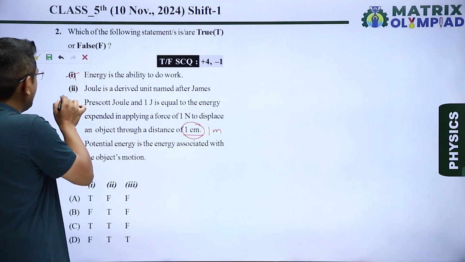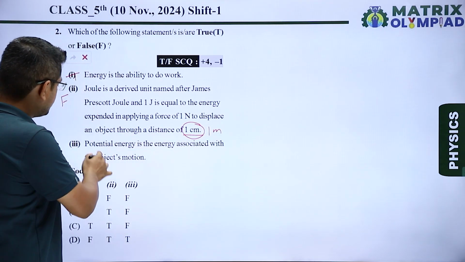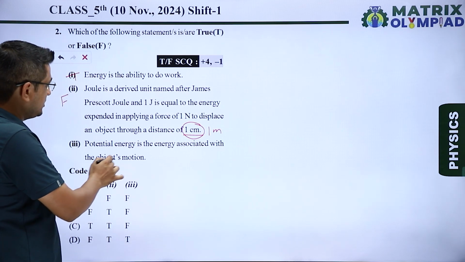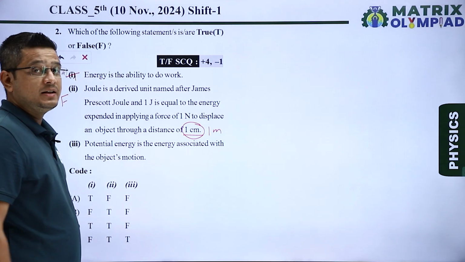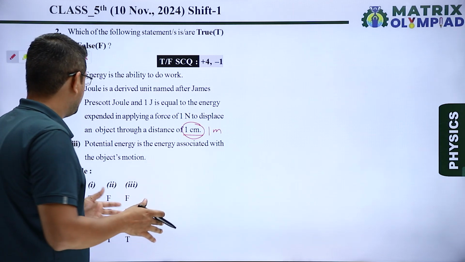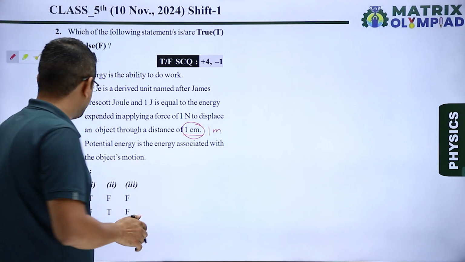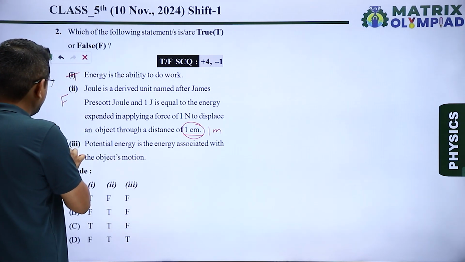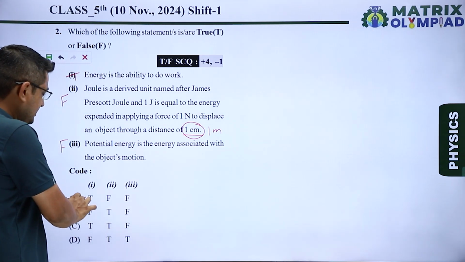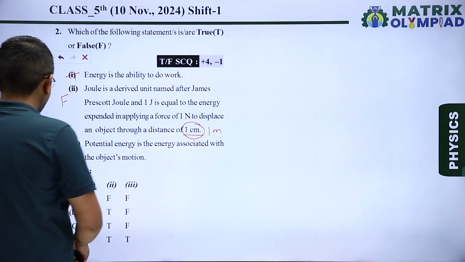So this is a false statement. Third statement, potential energy is the energy associated with the object's motion. Potential energy is energy associated with a static object, when it is at rest. So this is a false statement. So the correct code is true, false, false. That means option A is our correct answer.